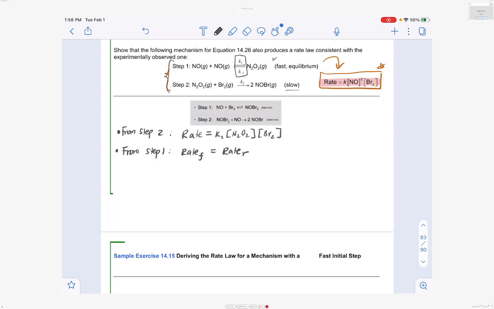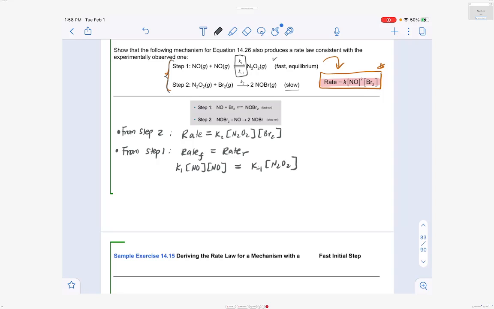We can also write this. Does everybody agree with this? This is the rate of the forward reaction, and this is the rate of the reverse reaction. K1 is the rate constant for the forward reaction for step 1. K negative 1 is the rate constant for the reverse reaction for step 1.